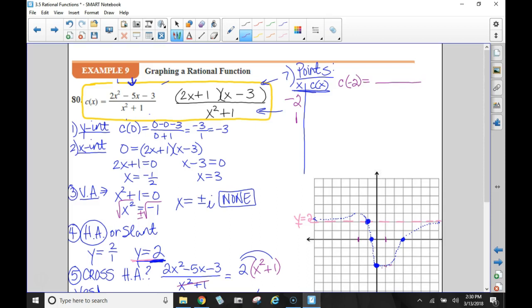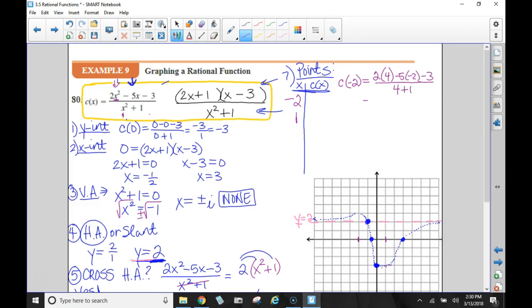I'm going along here, and everywhere I have an x, I'm going to put in a negative 2. So I've got 2 times, let me do this in my head, a negative 2 squared is a positive 4. Then I've got minus 5 times a negative 2, and then it says minus 3 in the numerator. In the denominator, negative 2 squared is positive 4 plus 1.